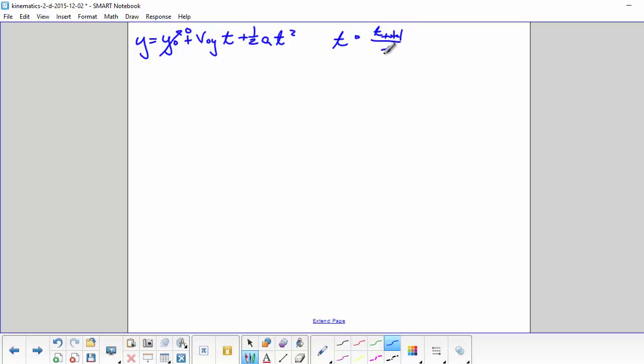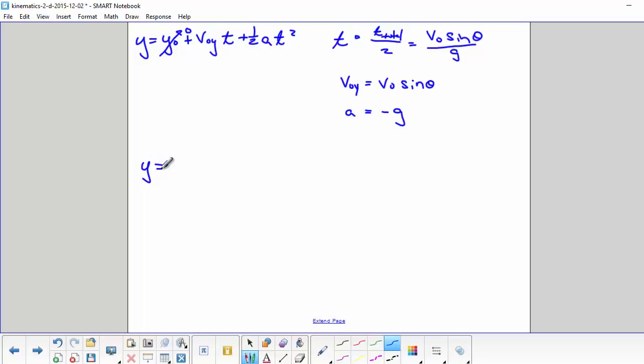So that's going to be equal to v naught sine theta over g. That's half of what we found before. And v naught in the y direction is still going to be v naught sine theta. a is still going to be equal to negative g. So let's plug all those things in.